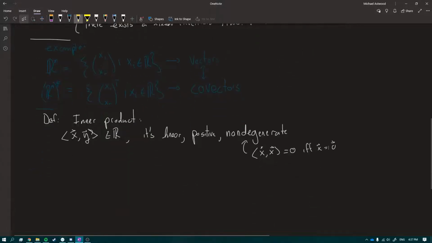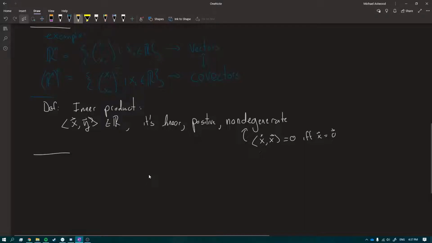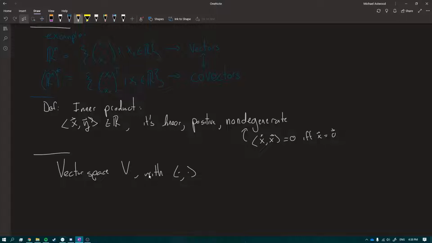So if you have an inner product, then you can always find a correspondence between the dual space and the vector space. So for example, if you have a vector space V, then with an inner product, you can always take x and return alpha subscript x, where alpha x of y is defined to be the dot product of x with y.